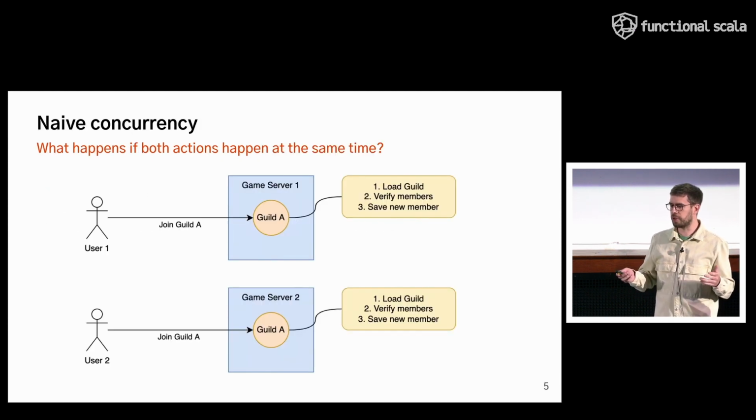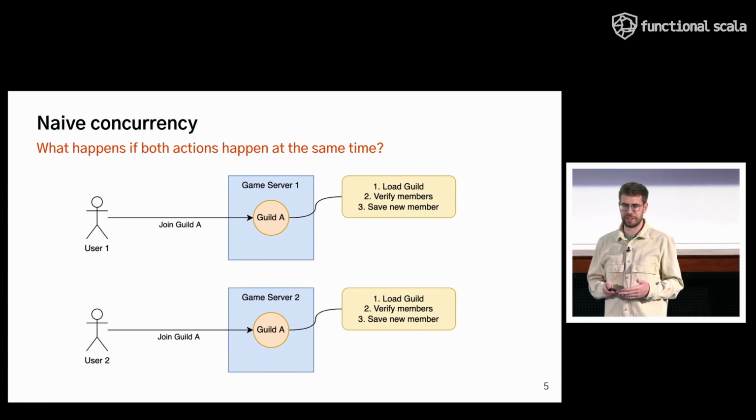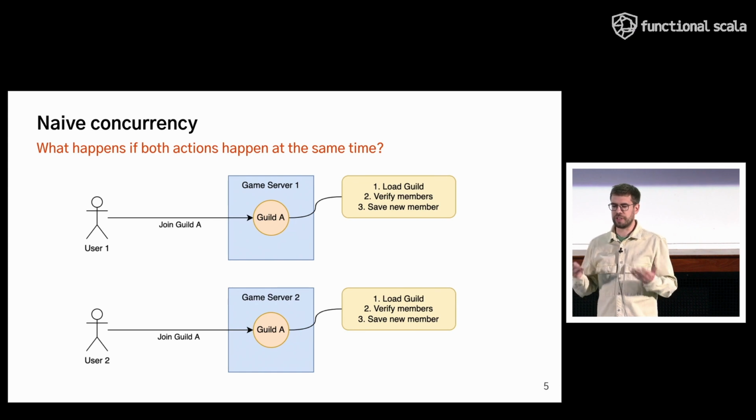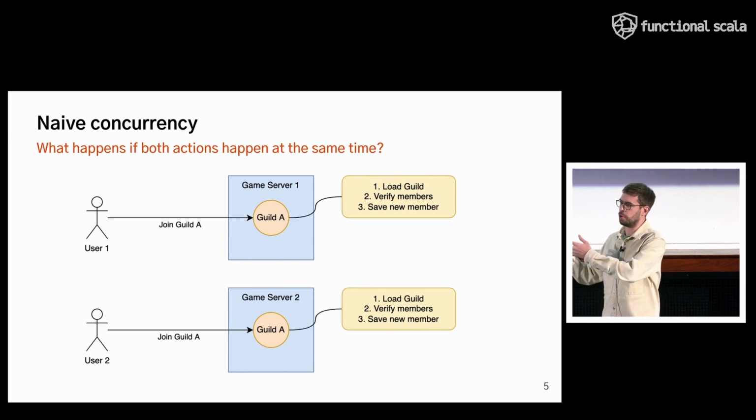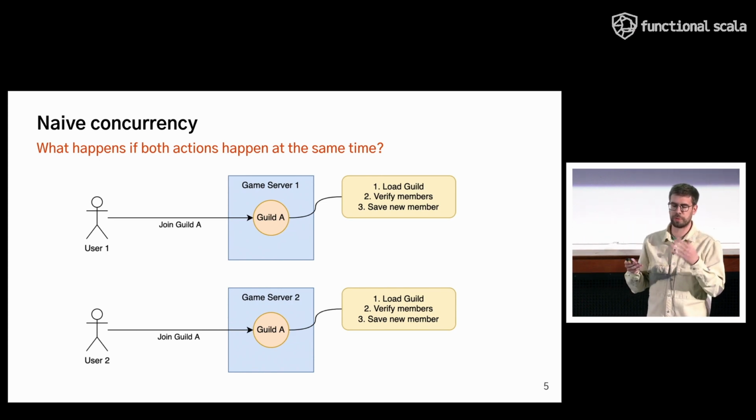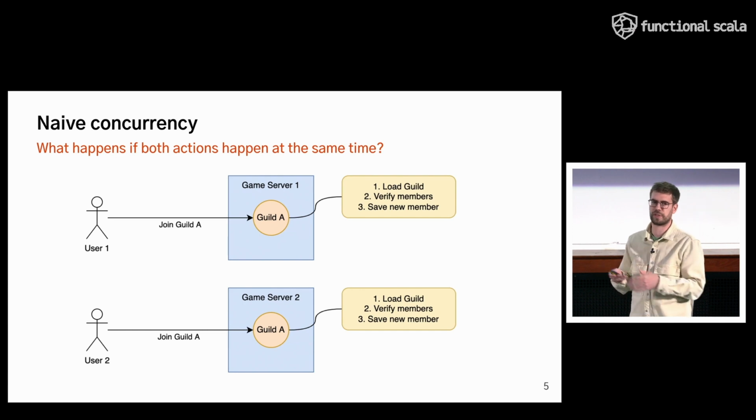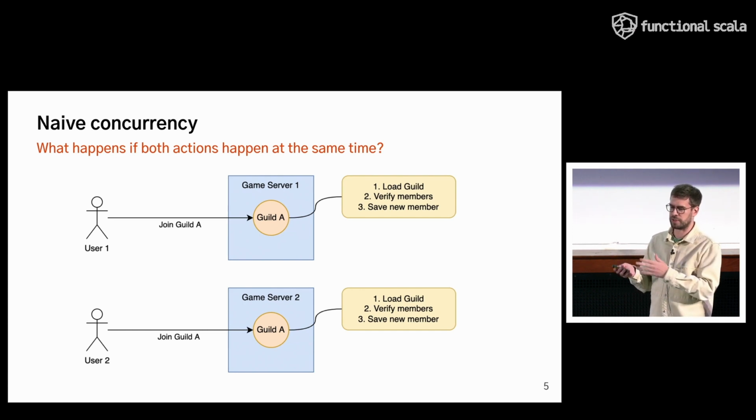Okay, so let's implement the logic for joining a guild in a very naive way. When a user wants to join a guild, the client connects to a game server, then the game server will load the guild, verify that the guild is not already full, and if it's not, we are going to accept it and save the new member into the state.